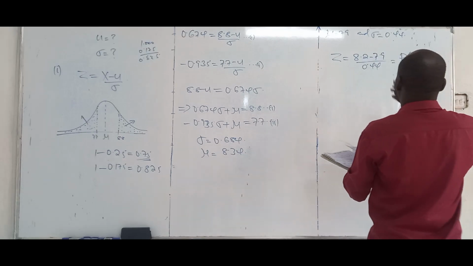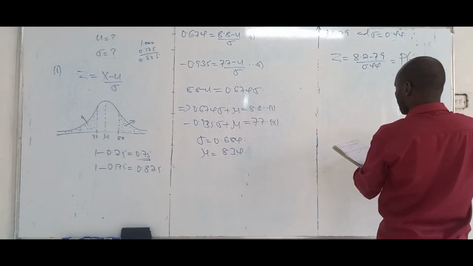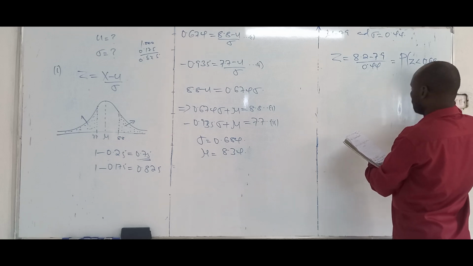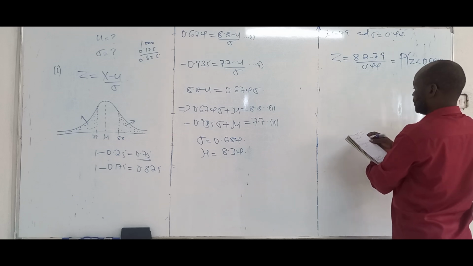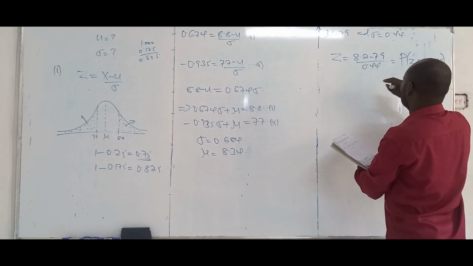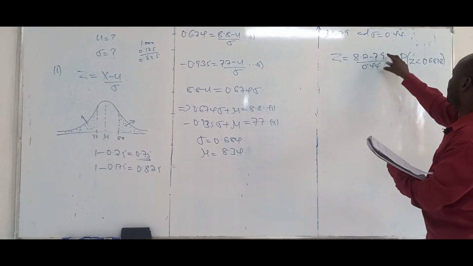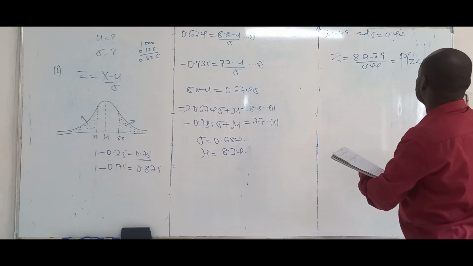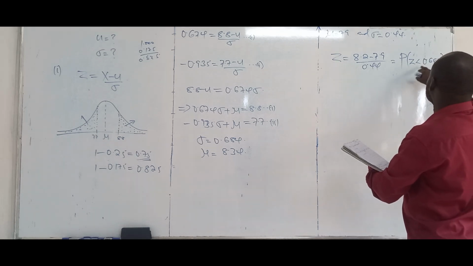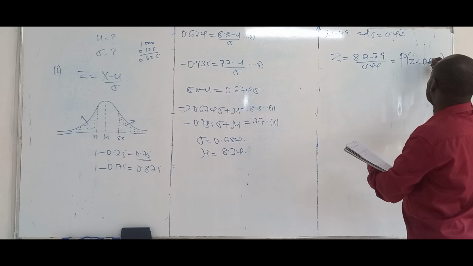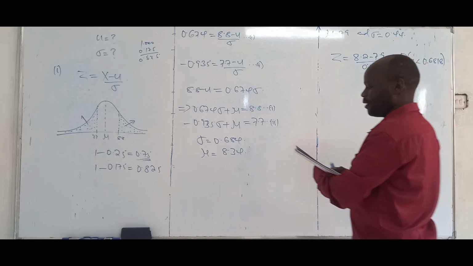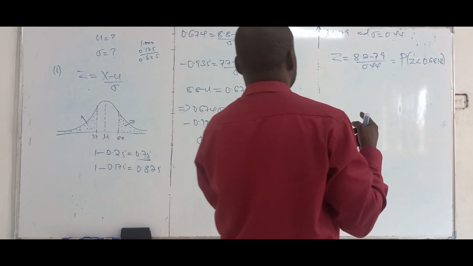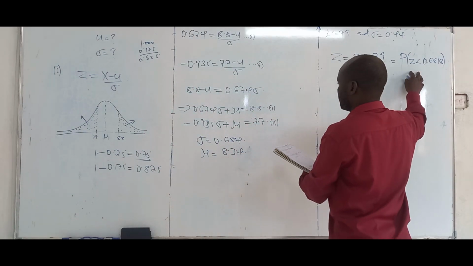The value we get here should be 0.6818. You can confirm with your calculator. So the Z value is less than 0.6818, but then what is the corresponding probability? That is what we need.